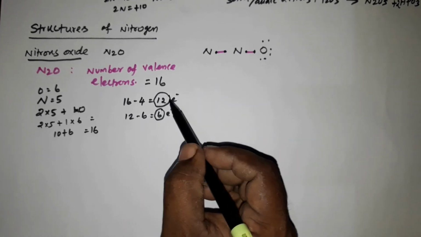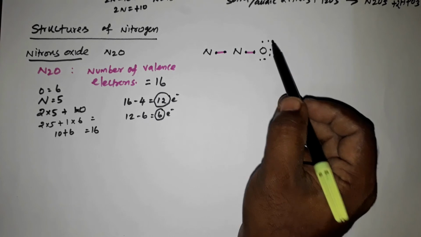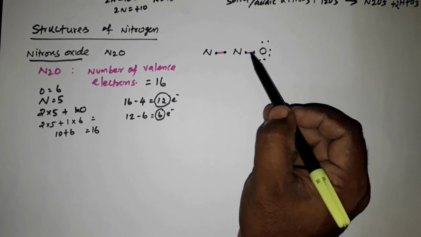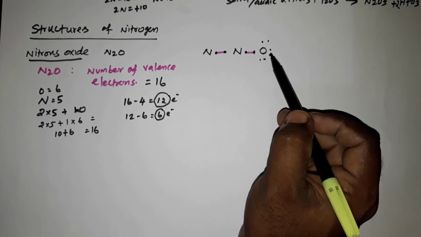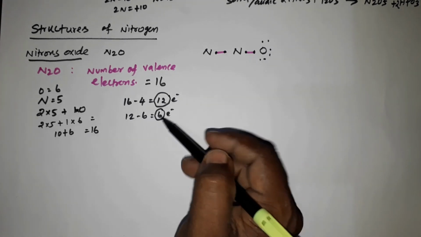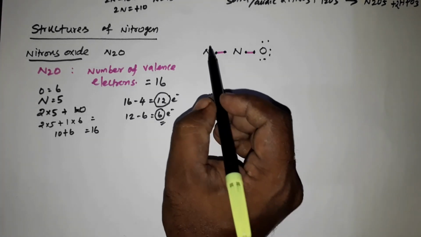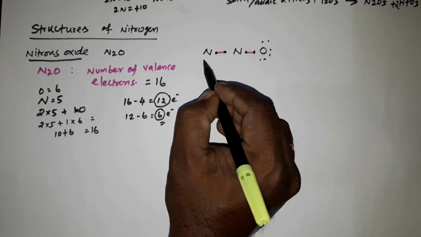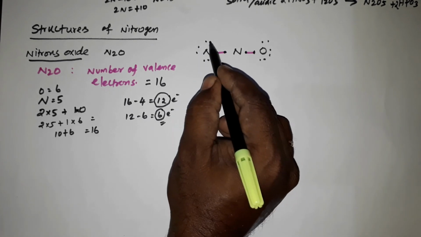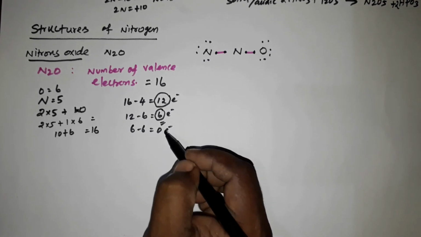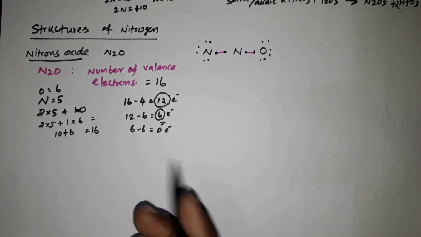So oxygen, here 2, here 6, total 8 electrons. So octet is completed for oxygen. Now the remaining 6 electrons, these 6 electrons share on the other nitrogen atom. So here 2, 4, 6. Now 6 minus 6, 0 electrons. So now there are no remaining electrons.